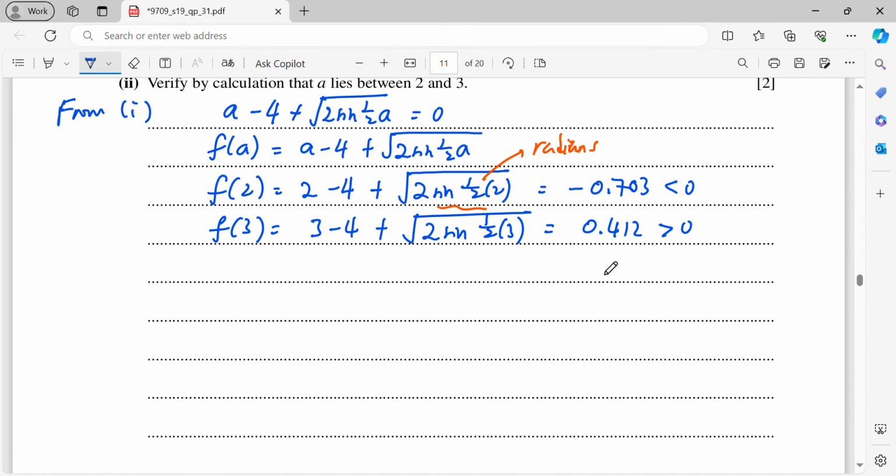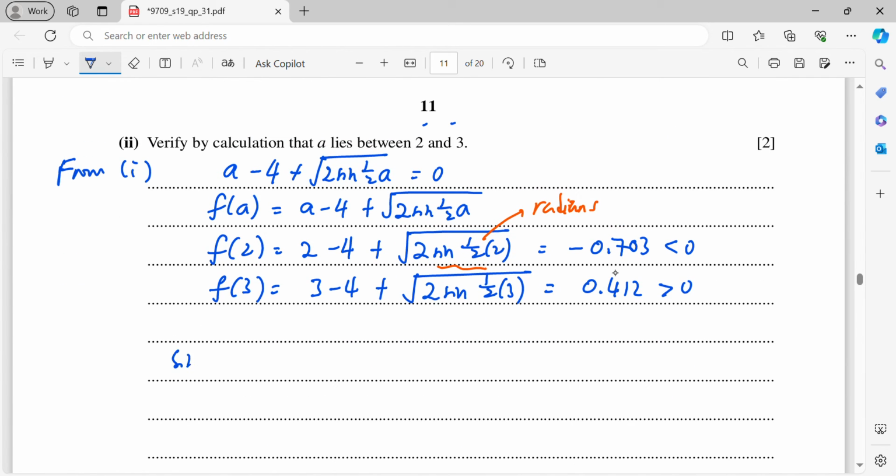So then from here, I will just write, since f(2) is less than 0 and f(3) is greater than 0, there is a sign change.